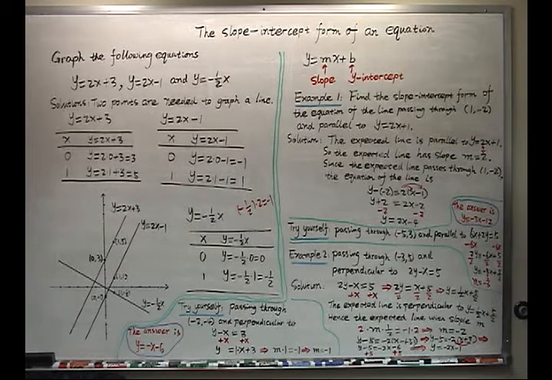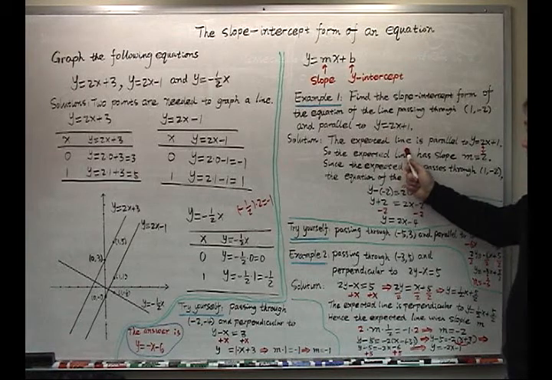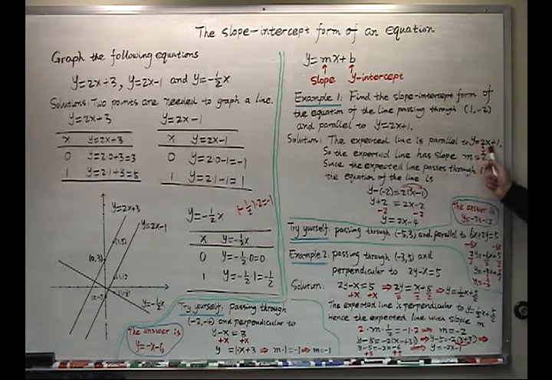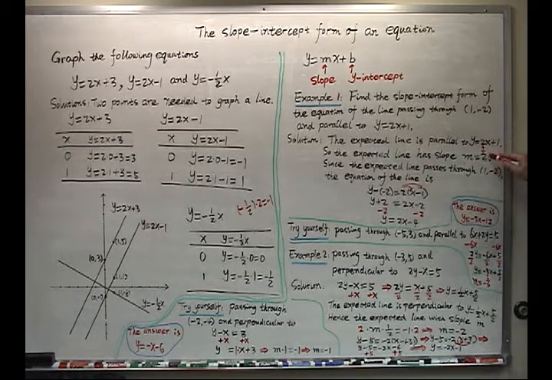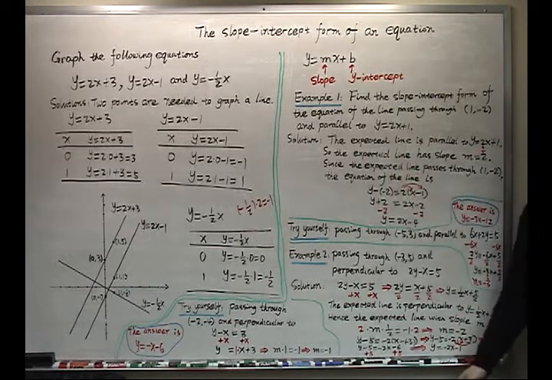If the expected line is parallel to y equals 2x plus 1, then it has the same slope, which is 2, because this 2 is the slope.